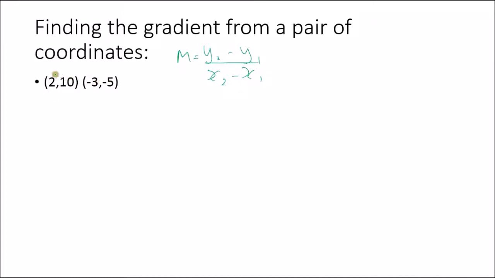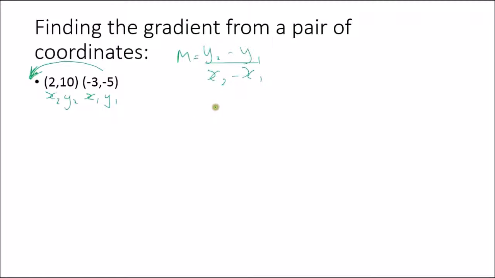So I've been a bit tricky in this example. I have shown you this example before and you might recall it. This x value of -3 would actually be to the left of the other one. So if we were to plot these on a graph, this coordinate would be drawn first to the left and then this would be off to the right. So I'm going to call this x1 y1 and I'm going to call this x2 y2.